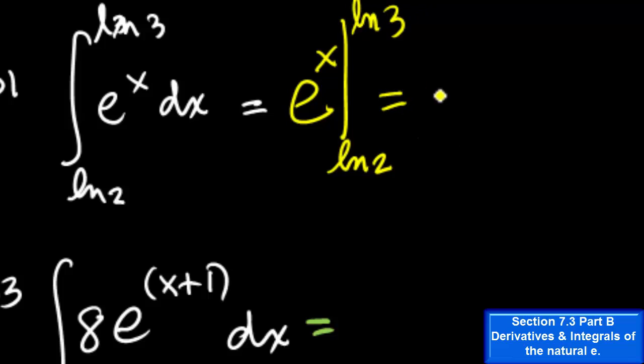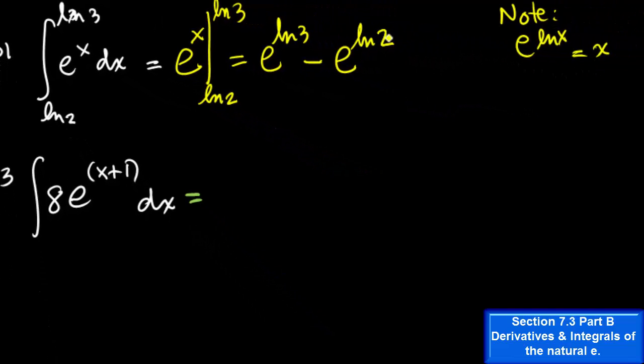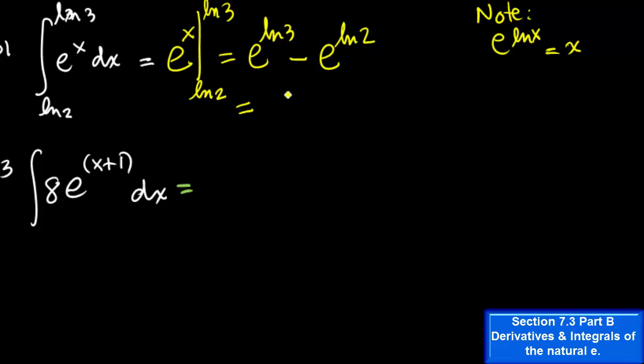So that's equal to e to the natural log of 3 minus e to the natural log of 2. And the nice thing is that this collapses, so it's just 3 minus 2, which is equal to 1. I like that we ended up with a 1, because this whole integral is equal to 1.